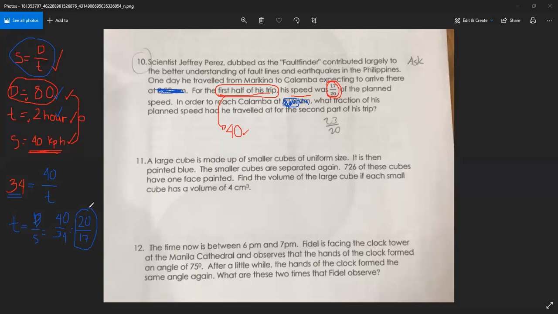Wait, is it the first? 20/17 is the first. Wait, let me just think. Let me try to understand. Okay. Let us continue. Now, how many... I'm still thinking about it.